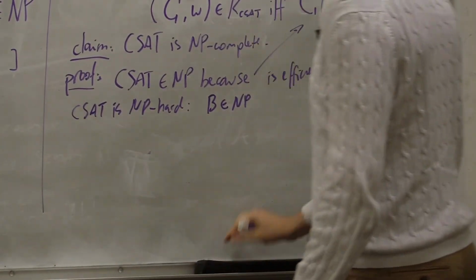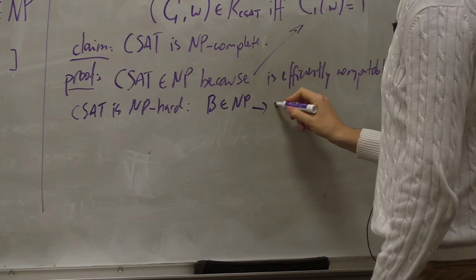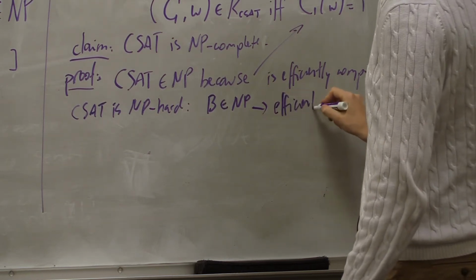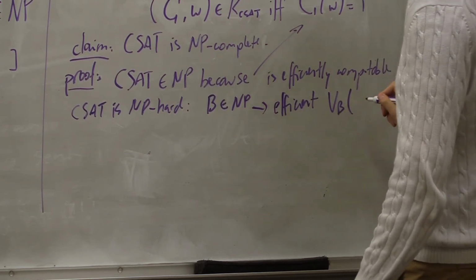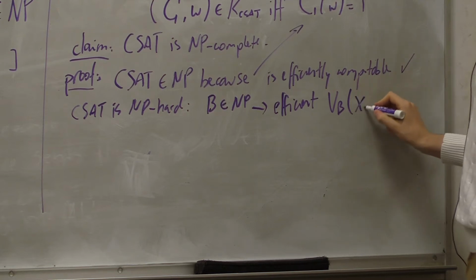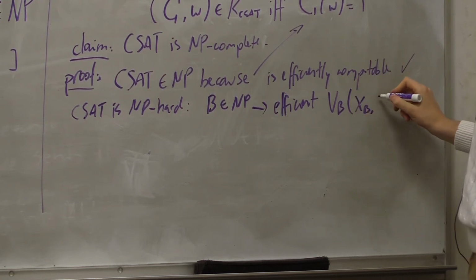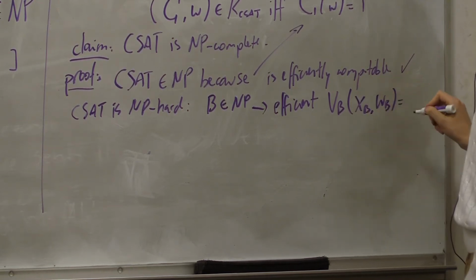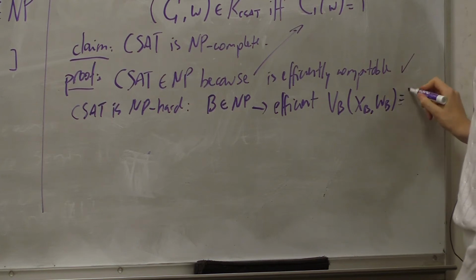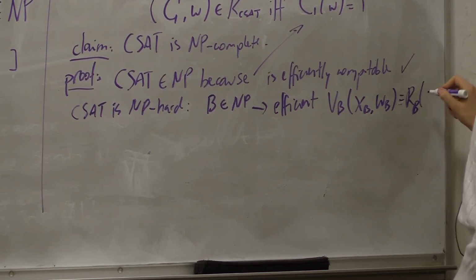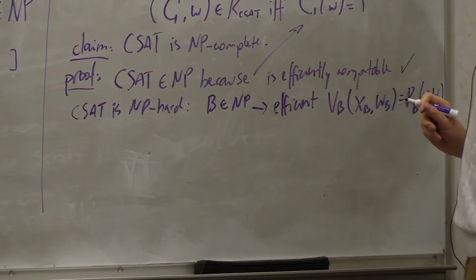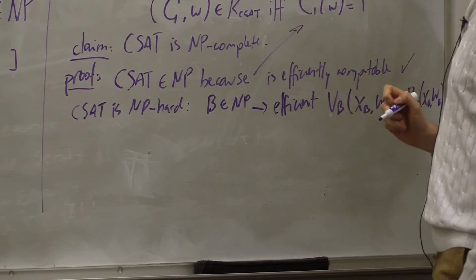Because B is in NP, it has an efficient verifier V sub B that takes instances of B and witnesses of B and decides according to the relation of B. So there is an efficient verifier.